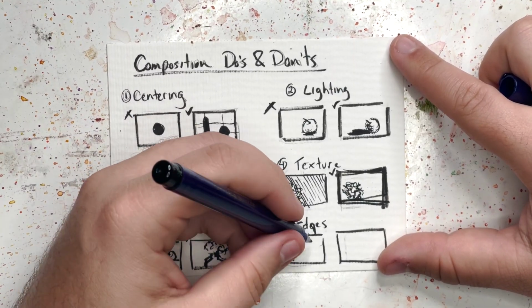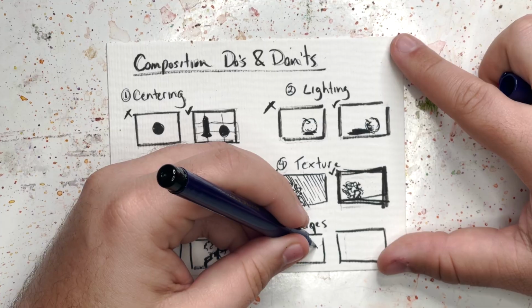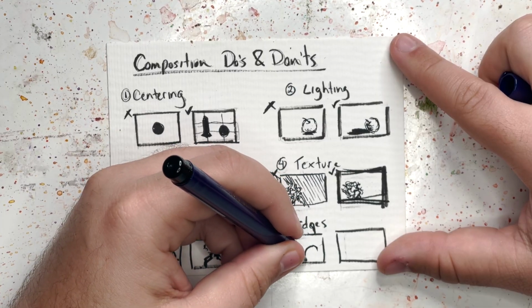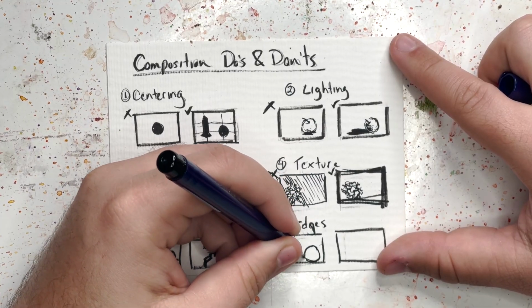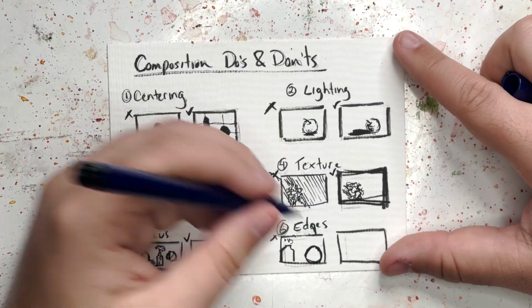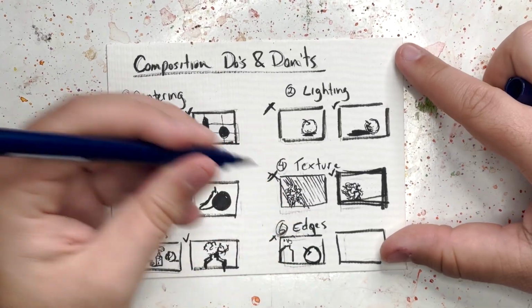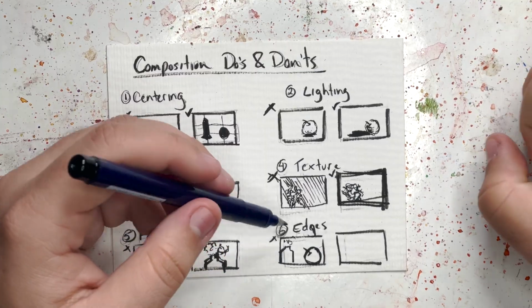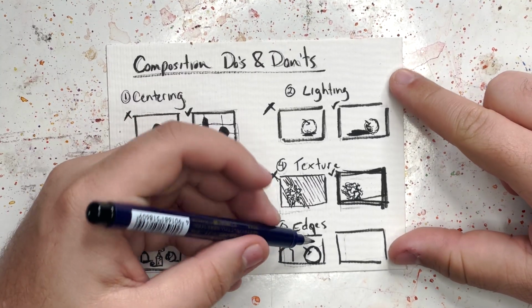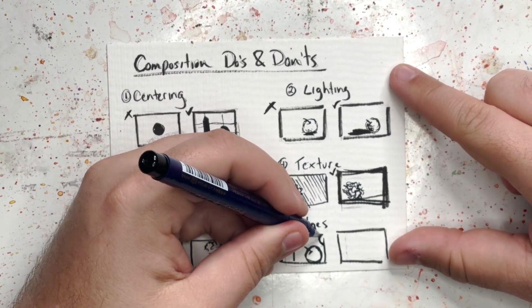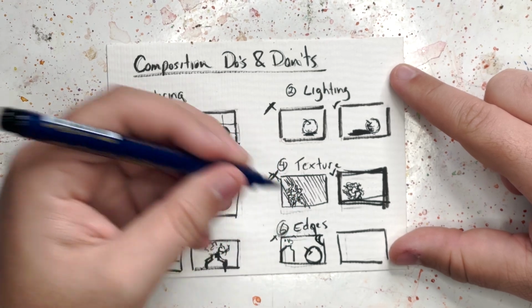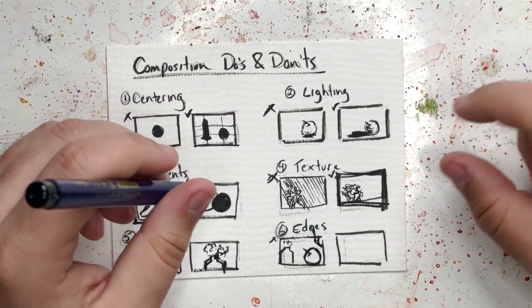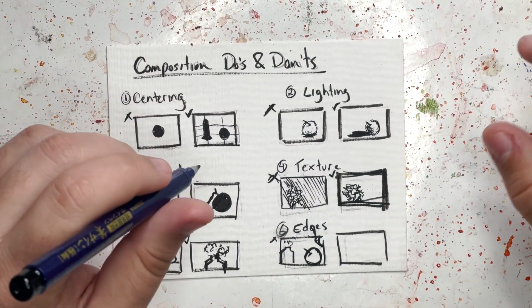Or if I've got an apple like we did earlier and it's sitting right on the bottom of the canvas with nothing underneath it, that's a bad edge. Kind of like our tangents, we don't want things to cut off right along the edge. Or in the same vibe, we don't want it to be perfectly cut in half or in a quarter up in the corner like that. We want to give it some space to breathe in the canvas.